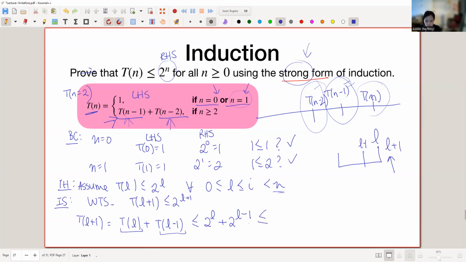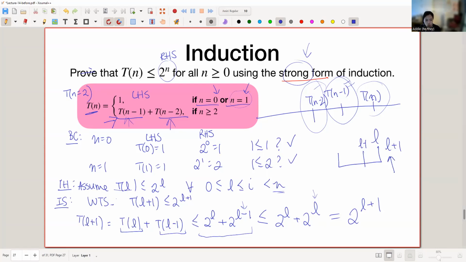Now, this is less than or equal to if we just increase this L minus 1 to a power of L, which can help us, right? 2 to the L plus 2 to the L. This is going to be more than this previous sum because we have increased the exponent. And then this is great because now we can merge these two terms into just 2 to the L plus 1, which is exactly what we are looking for.